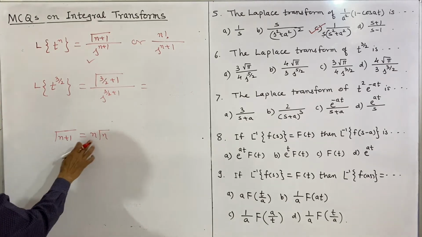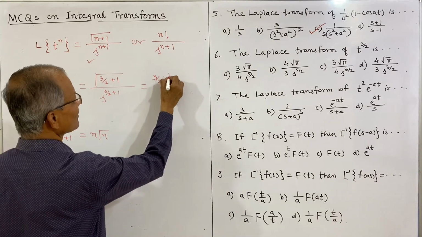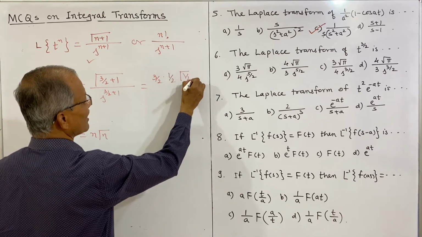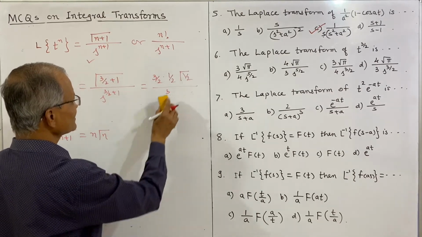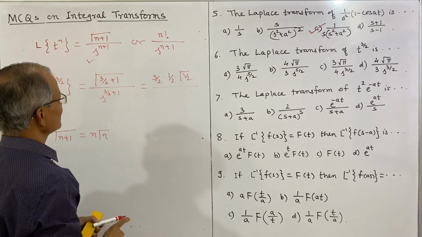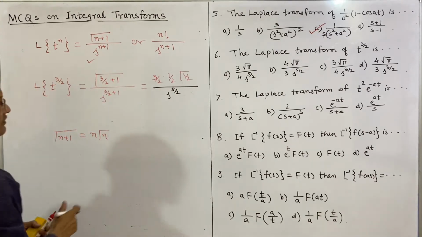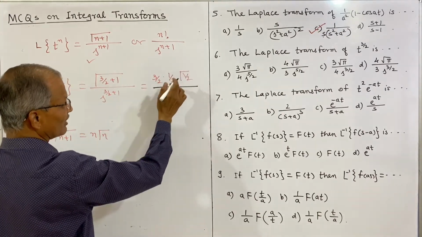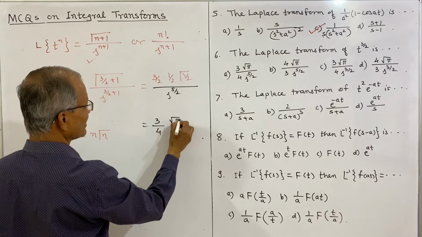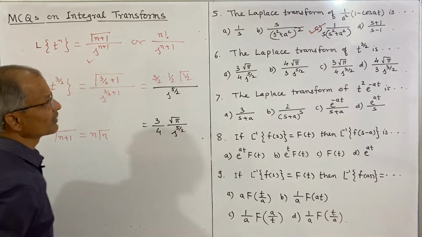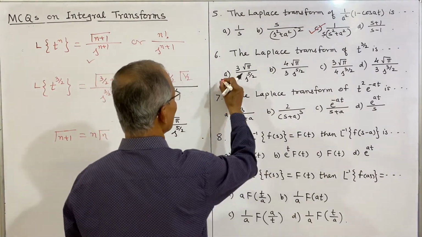Therefore this value is 3 by 2 into gamma of 3 by 2, again reduced to 1 by 2 into gamma of 1 by 2, divided by s power 3 by 2 plus 1, which is 5 by 2. So that is s to the power 5 by 2. Gamma of 1 by 2 is root pi, therefore this will be 3 by 4 root pi divided by s to the power 5 by 2, and thus the correct alternative is the first one. A is correct.